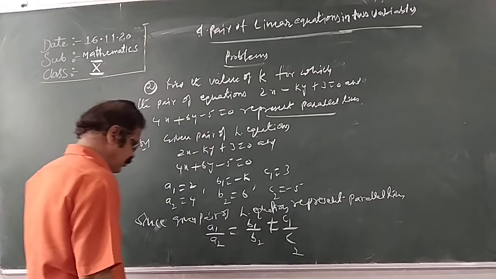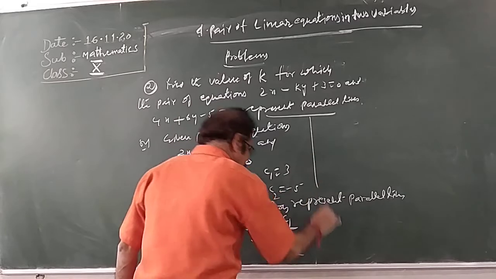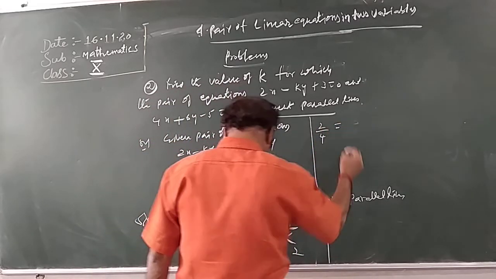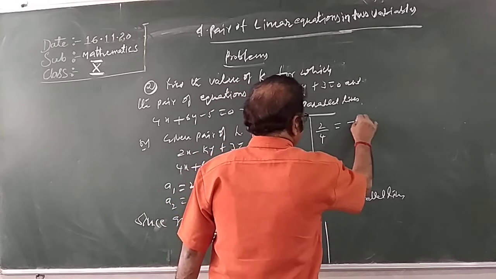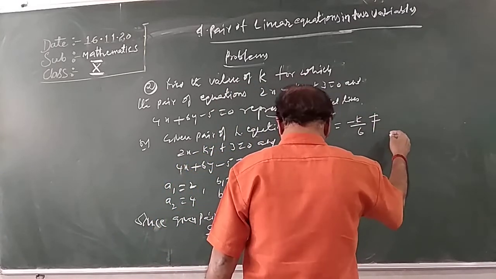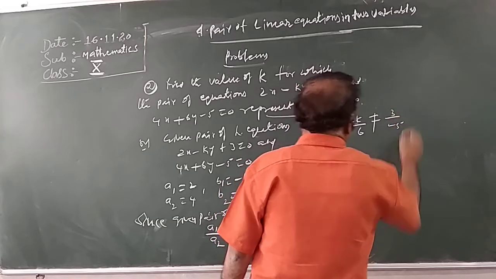This is the condition. So now substitute the values: a1 by a2, 2 by 4, equal to b1 by b2, minus k by 6, is not equal to c1 by c2, 3 by minus 5.